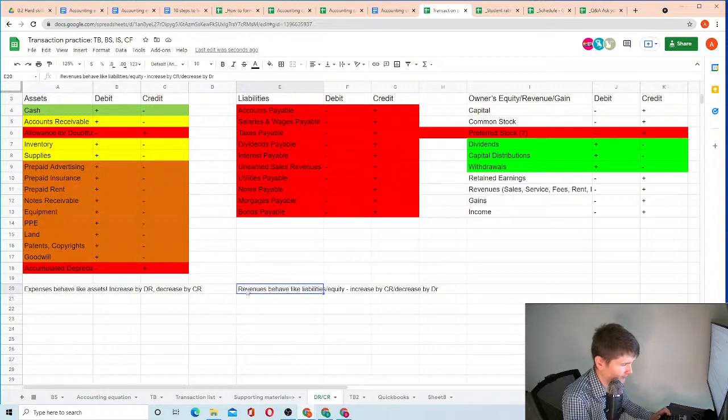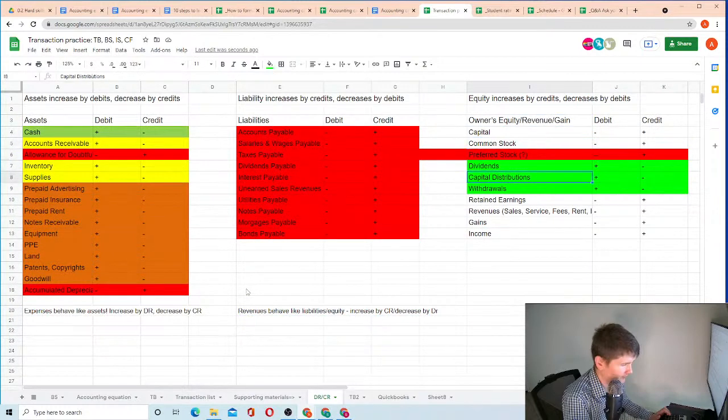And revenue directly corresponds with retained earnings, which is an equity account. So you can imagine intuitively, as an owner of the business, when your business is doing great, it has high revenues, low expenses, huge profit margins.